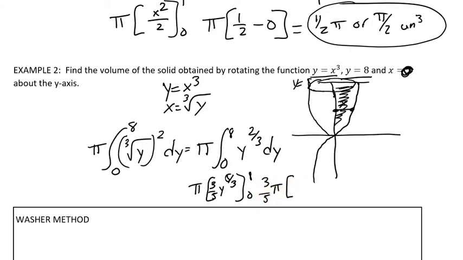we're going to plug in 8 for y. 8 to the 5/3 power, which is 3/5 pi times 8 to the 1/3 to the 5th power. 8 to the 1/3 is 2.